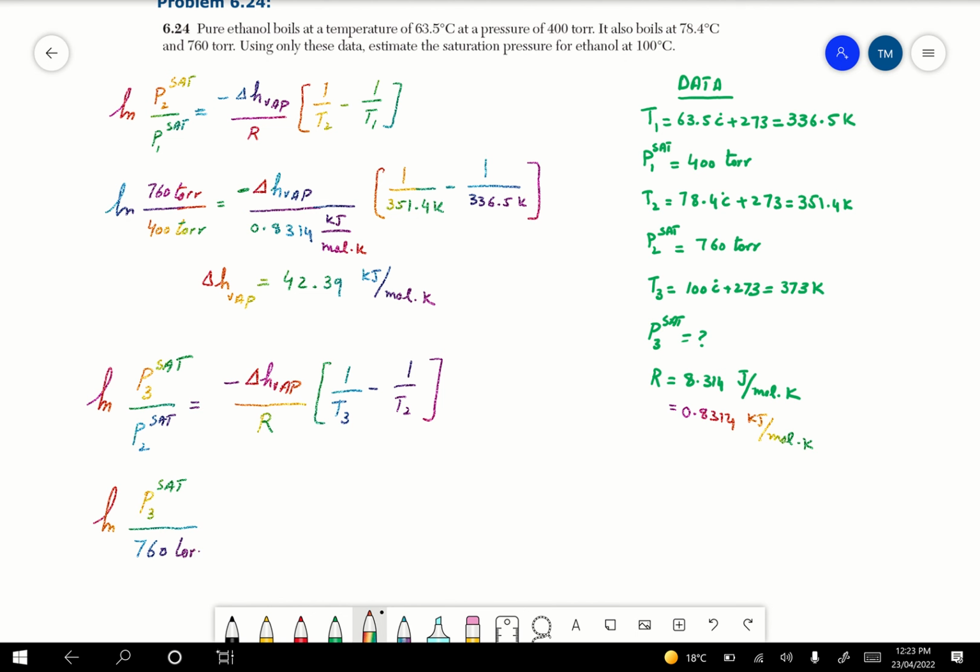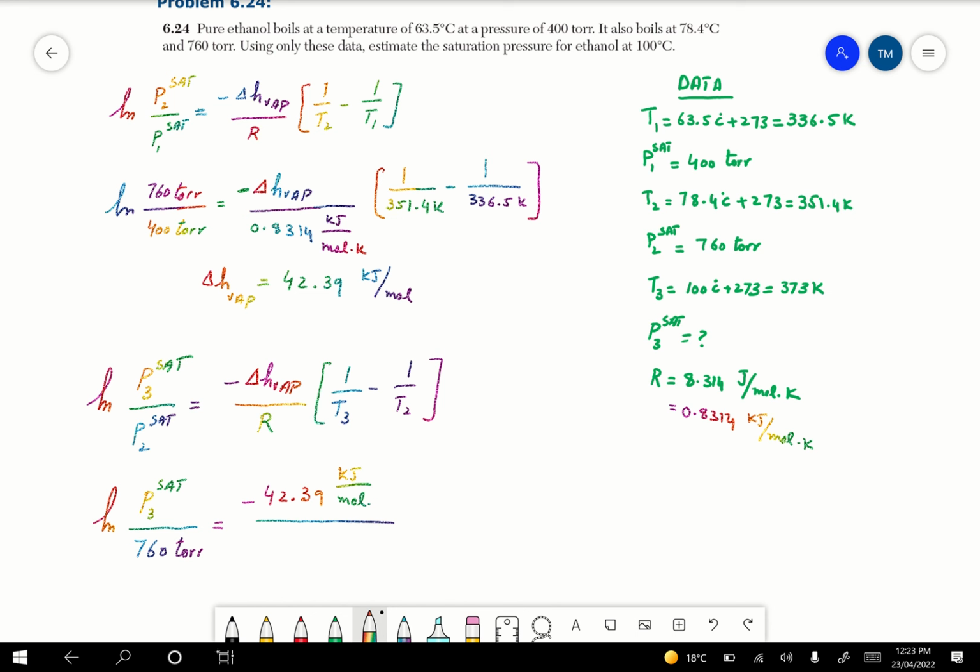where P2 sat is 760 torr, which is given. The heat of vaporization, which we have just calculated, is 42.39 kilojoule over mole. I think this is kilojoule per mole, not per Kelvin.